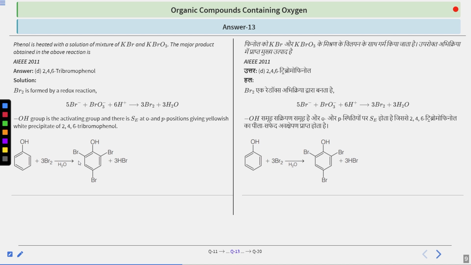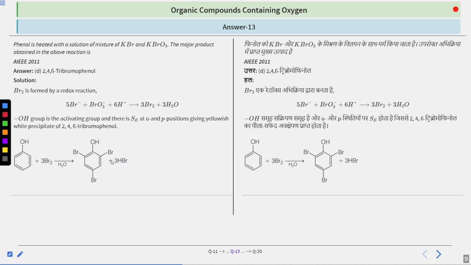In the first step, we have the carbocation formation. It is the slowest step, and in the second step, we have the electrophile attack, and we get 2,4,6-tribromophenol as a product after occupying the ortho and para positions by the bromine atoms, right?